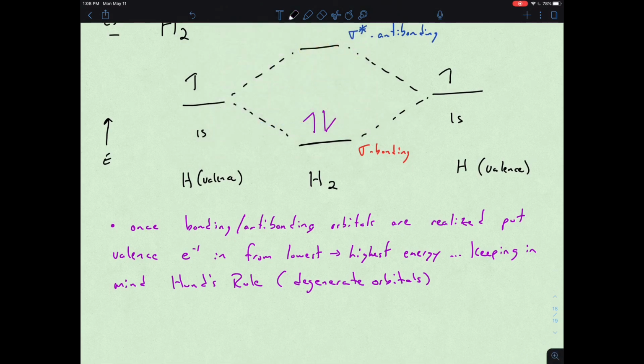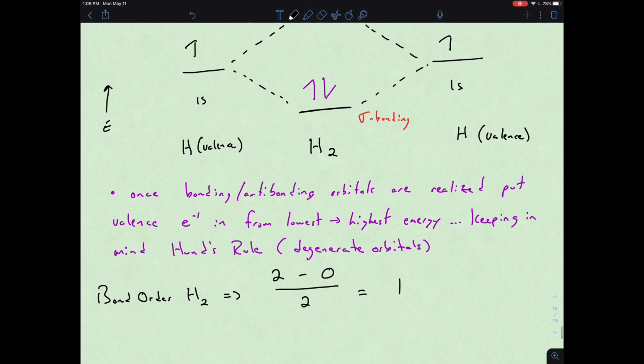If we were to calculate the bond order for our H2, we would have 2 electrons in the bonding, 0 electrons in the antibonding, divided by 2, we get a bond order of 1.